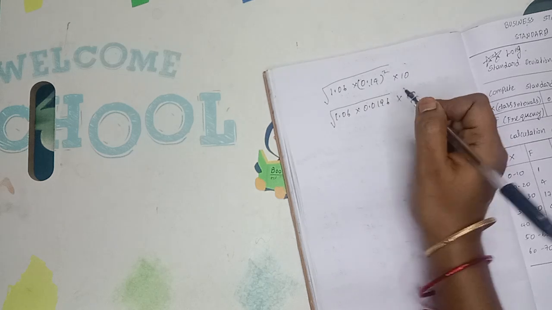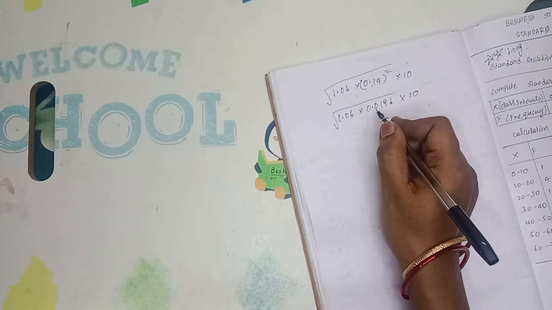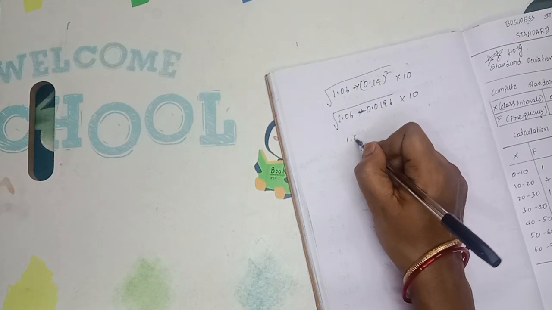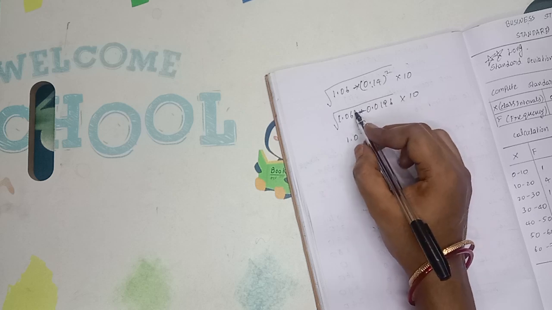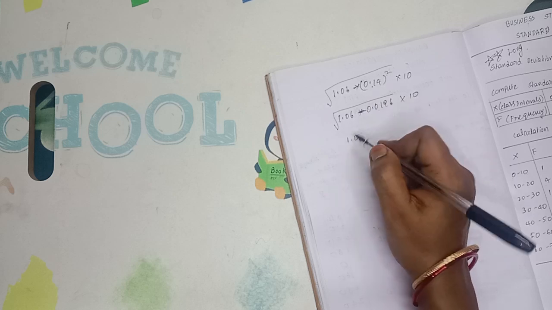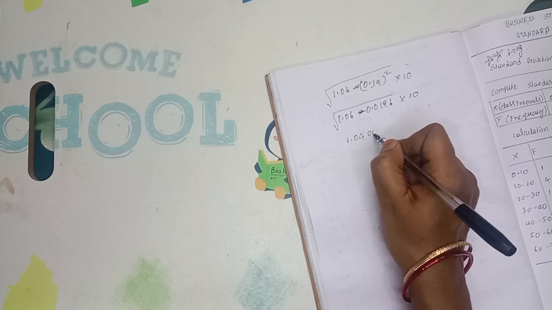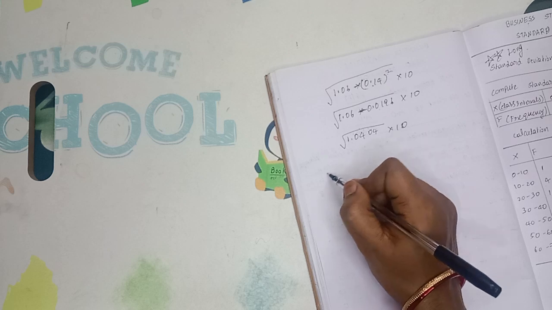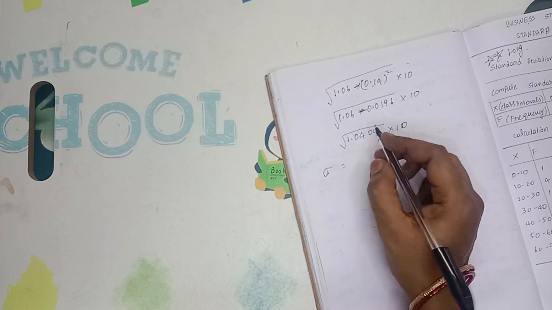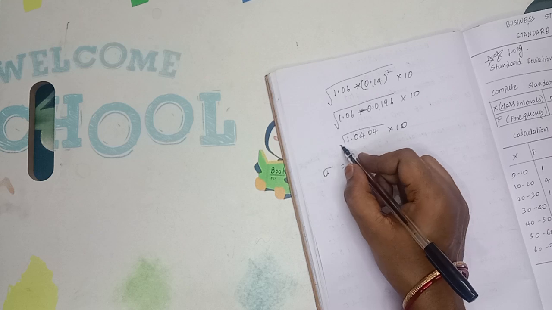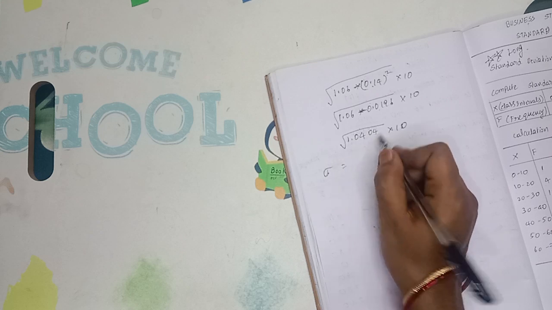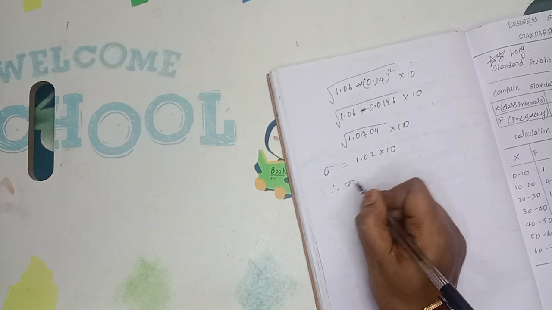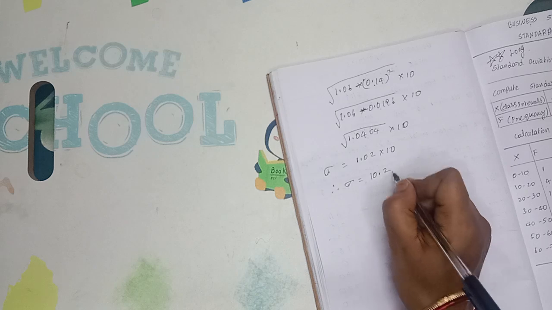Then 1.06 minus 0.0196 will be 1.0404, under root, into 10. We remove the root: the square root of 1.0404 is 1.02, into 10. So therefore the standard deviation, the final answer, will be 10.2.